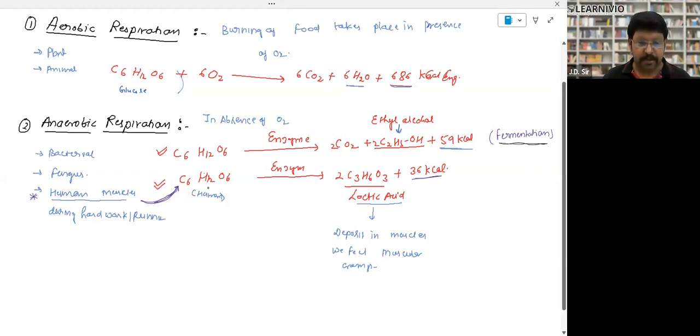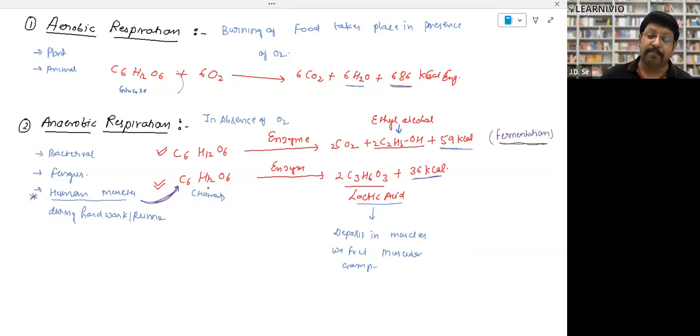But in the human body, when anaerobic respiration takes place in a particular cell or muscle, during hard work, running or heavy exercise, ethyl alcohol formation does not take place. That is dangerous for our body. So again the carbohydrate or glucose is burned, and in presence of a particular enzyme, formation of lactic acid takes place, C3H6O3.